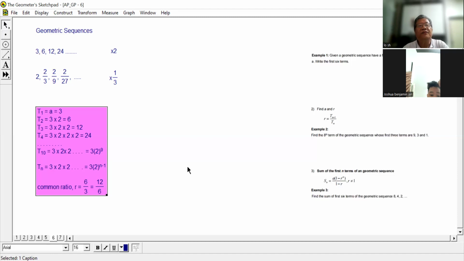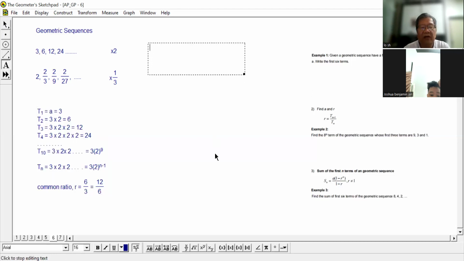Now, I want to ask you, in your opinion, what is the formula for Tn for geometric sequence?